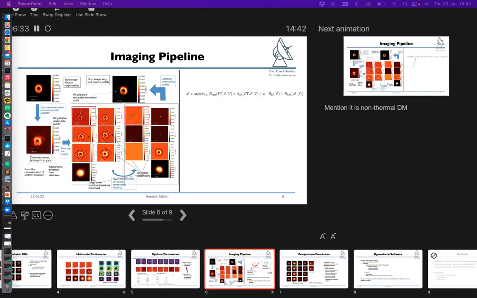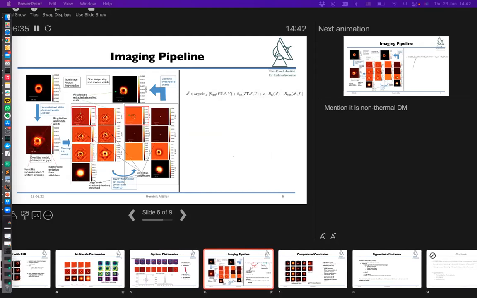So the final optimization problem then looks like this, where we have the data fidelity terms, which are kind of calibration independent. So it's a closure phase and the closure amplitude. Again, the statement that these are calibration independent is, a bit... and what comes in now is gamma or wavelet dictionary.